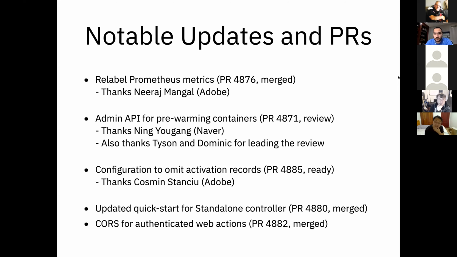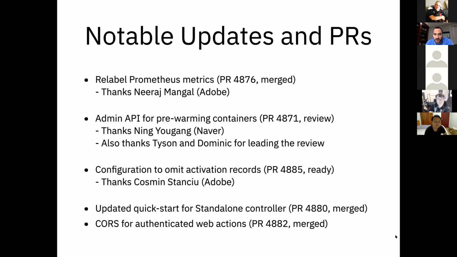So our OpenWhisk metrics are not able to be scraped through that Prometheus because there is a conflict between the OpenWhisk namespace label and the Kubernetes namespace label. What I did in that PR is add a configuration via which Prometheus will be able to relabel all the metrics if we want to, before sending them to Prometheus. That way we can segregate the OpenWhisk namespace and the Kubernetes namespace labels. Great, thank you.